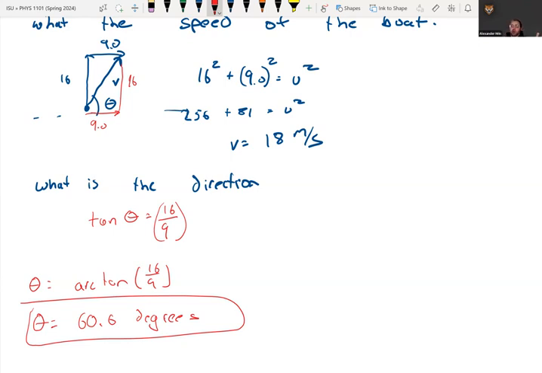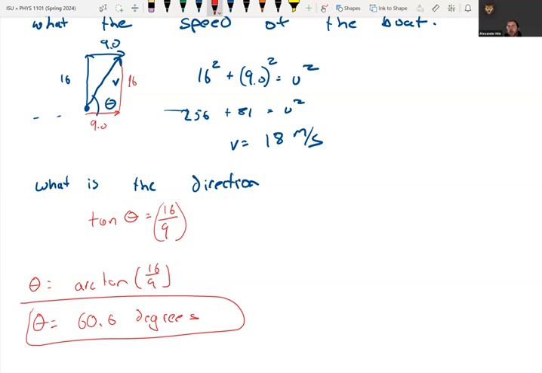One thing to keep in mind is that a lot of times your scientific calculators will be in radians. So when you do an arctan, you need to do a reality check to see if that angle makes sense. So for instance, when I initially did this, if you just do arctan of 16 over 9, your calculator might spit out like 1.05 or 1.06.